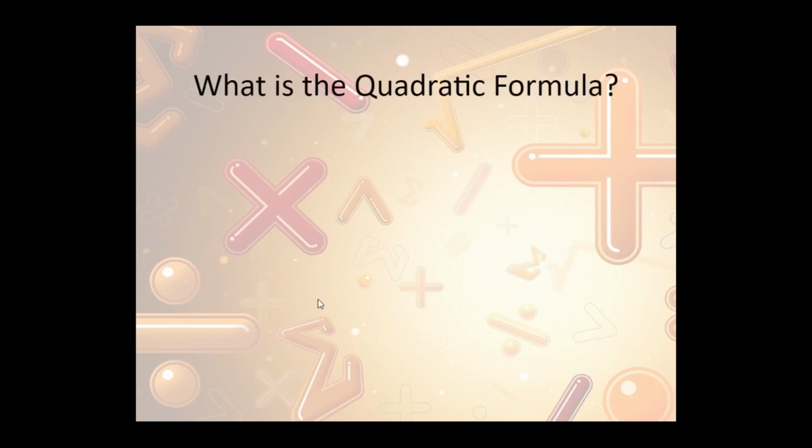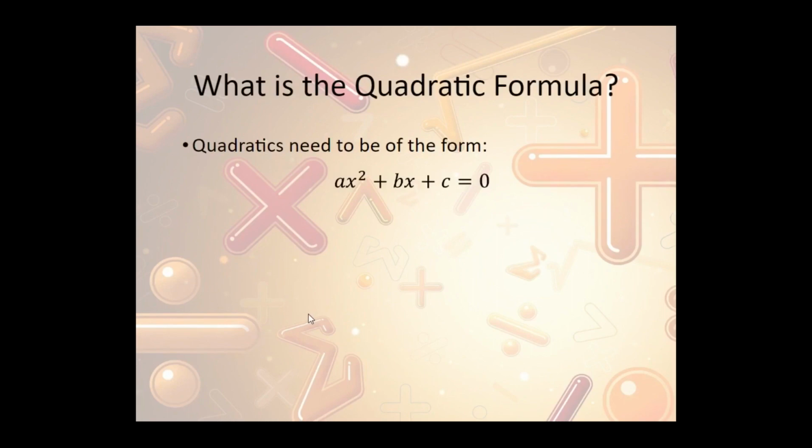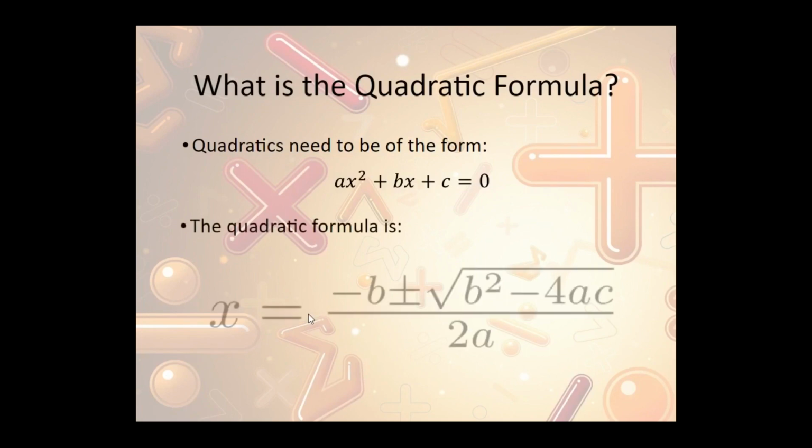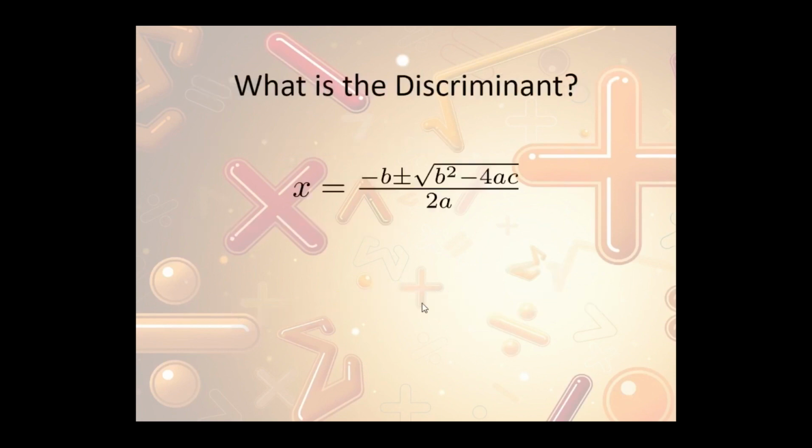So what is the quadratic formula? Quadratics will always appear as ax squared plus bx plus c equals 0. And from that, we can create the quadratic formula, which says: x equals negative b plus or minus the square root of b squared minus 4ac, all over 2a. So let's take a look at an example of how that works.